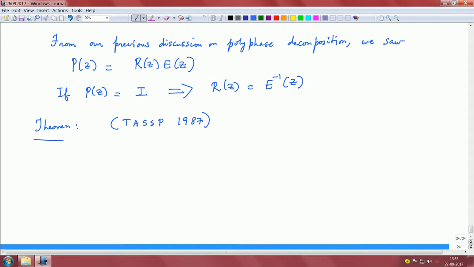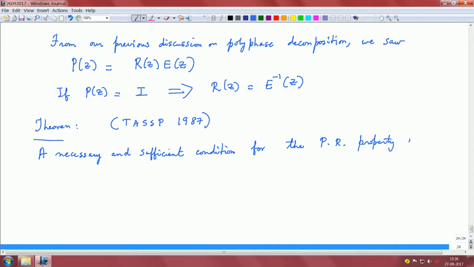So, I will just state the theorem. A necessary and sufficient condition for the perfect reconstruction property is that P of z must take one of the following forms.